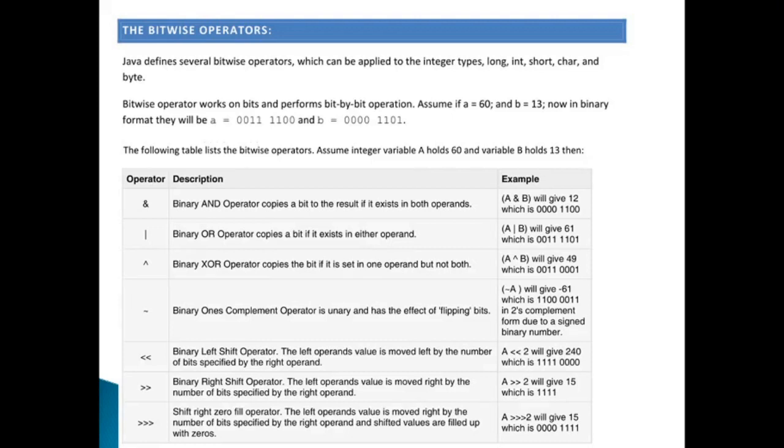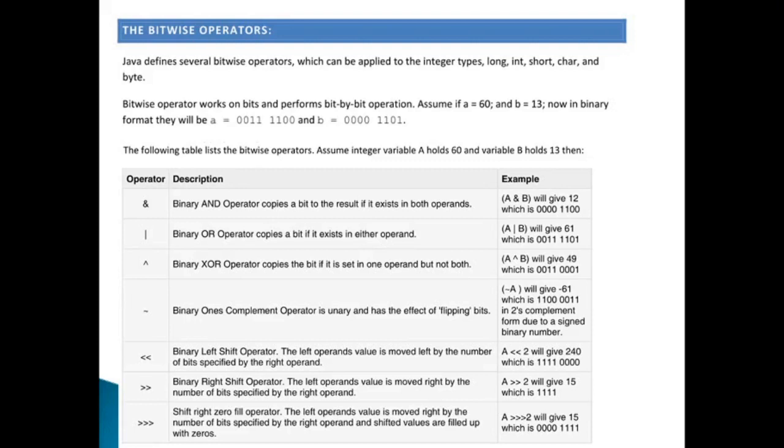In the case of the binary right shift operator, whenever it is performed on a particular variable, the rightmost bit is dropped and the whole pattern is shifted towards right, and a new 0 bit is inserted at the starting of the whole bit pattern of that variable. In that case, the number gets divided by 2.